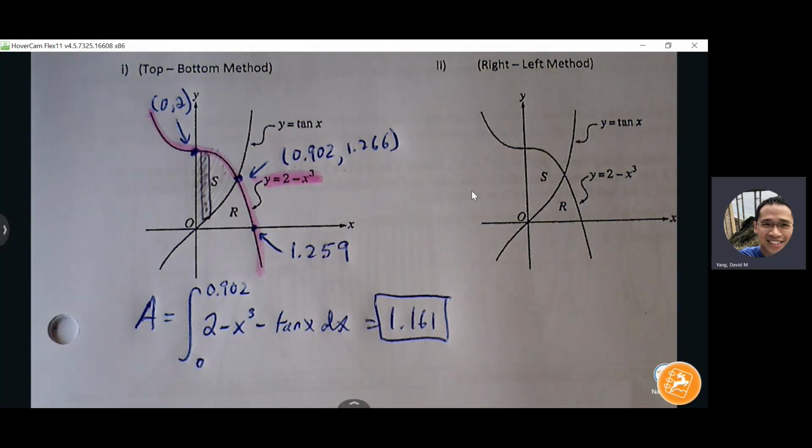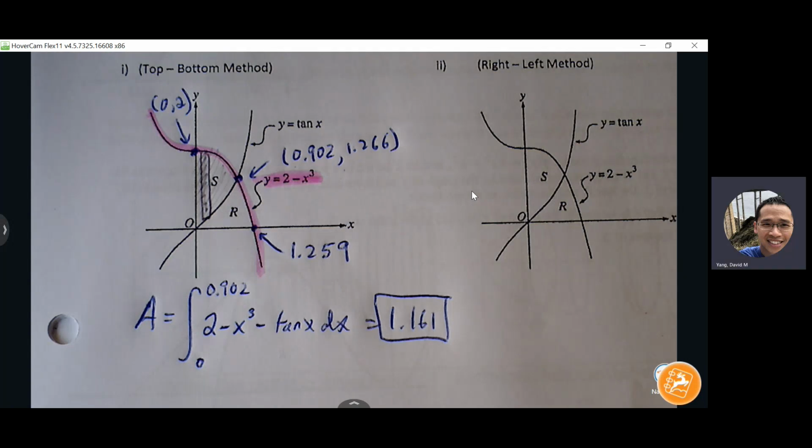Anybody having trouble with getting this answer here? If you have an older calculator, you're going to have to enter things using this notation. That can help you later if you need help with that. Now, top minus bottom is obviously the more preferred method.